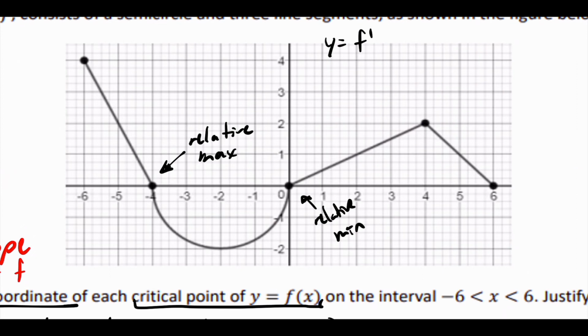So what's the difference between what I'm looking at and what I need? This is not the second derivative, this is the first derivative. So how do I find it?